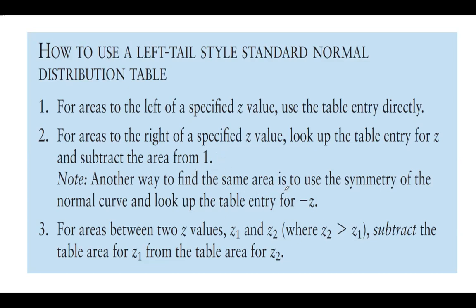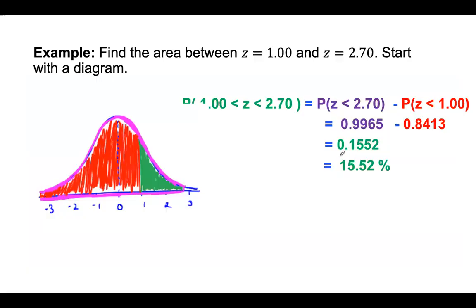Another way to find the same areas is to use the symmetry of a normal curve and look up the table entry for negative Z. And for areas between two values like Z1 and Z2, if Z2 is larger than Z1, we subtract the area for Z1 from the table area of Z2. So take the larger and subtract the smaller from it.